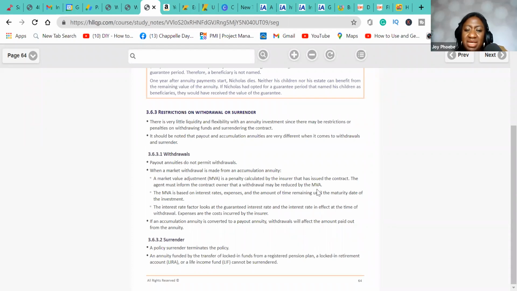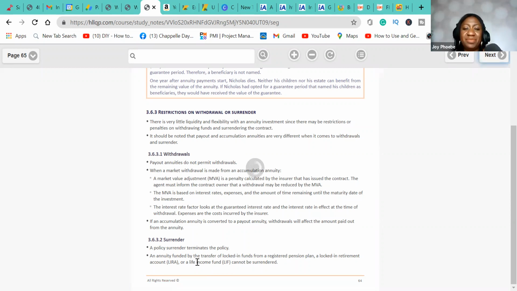When a withdrawal is made from an accumulation annuity, a market value adjustment or penalty is calculated based on the withdrawal. Wow. Surrendering a policy terminates the policy. An annuity funded by the transfer of locked-in funds from a registered pension plan or locked-in retirement account, or LIRA, cannot be surrendered.